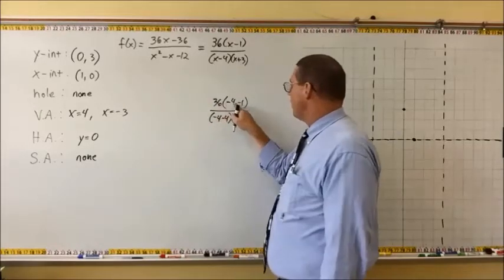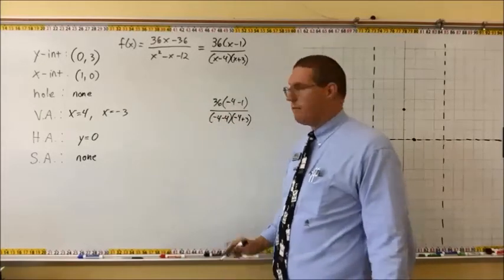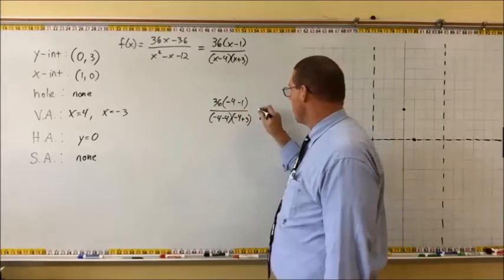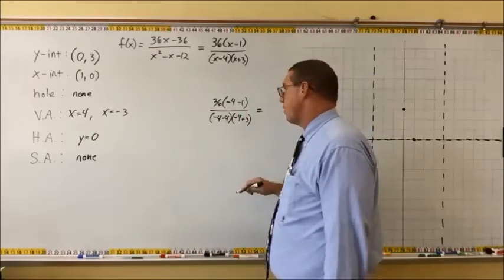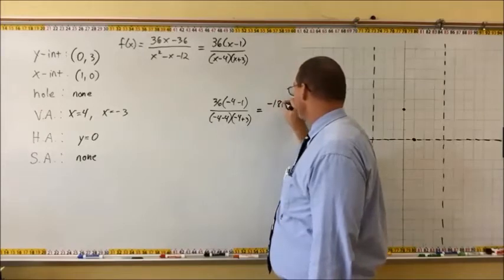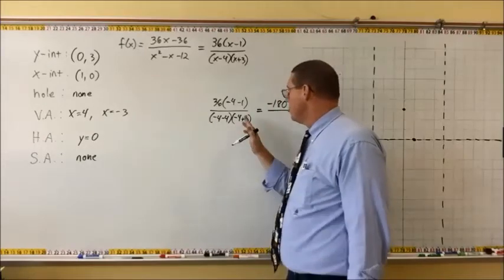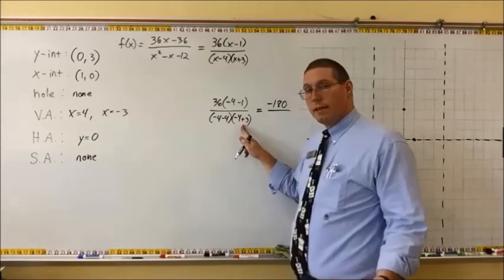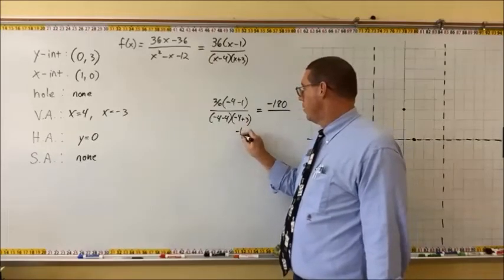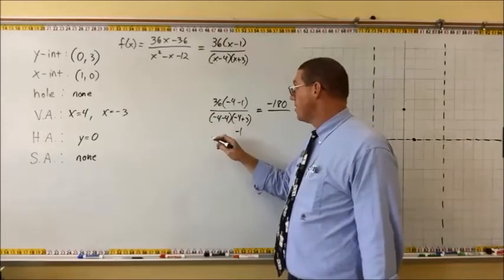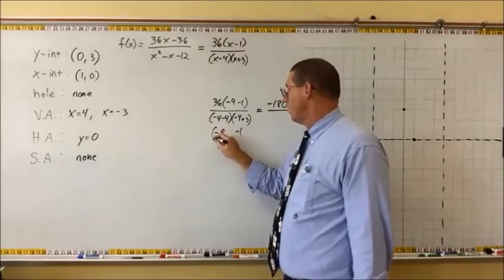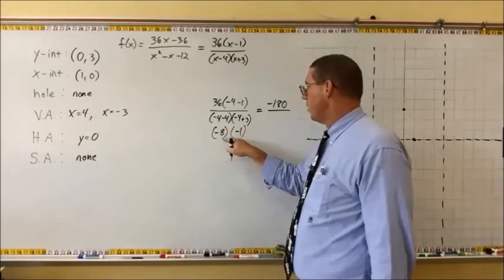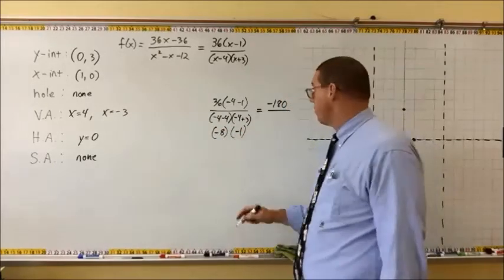Now here, -4 minus 1, that's -5. -5 times 36, that's -180. Over -4 plus 3, that's -1. -4 minus 4, that's -8. So we've got -8 times -1. -8 times -1 is +8.